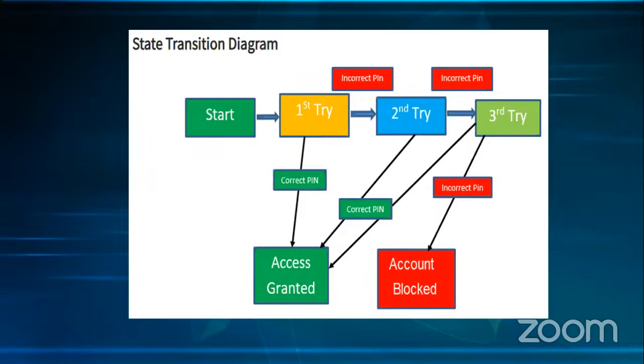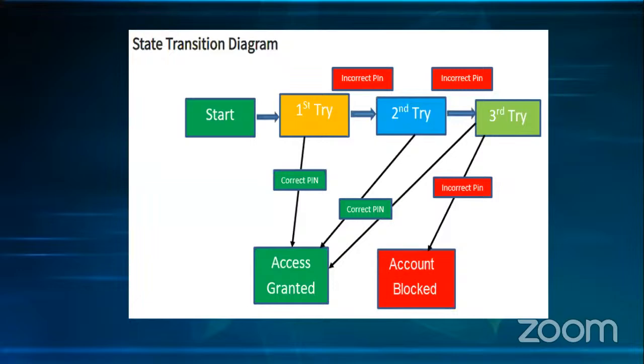After the third time, your account will be blocked. I try again. The third time, incorrect PIN. My account is blocked. Access granted, account blocked. That's the true scenario that we understand.